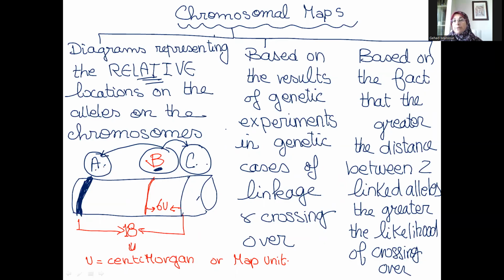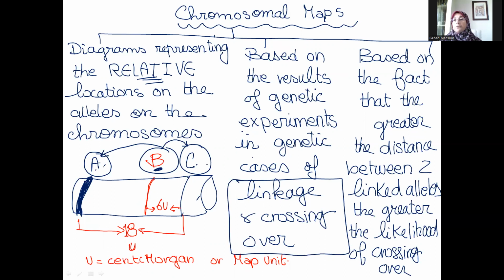How can we draw the chromosomal maps? There should be a basis that determines the distance between the alleles on the chromosomal maps. This is based on the results of genetic experiments. In which inheritance cases? Whenever we have linkage and crossing over.